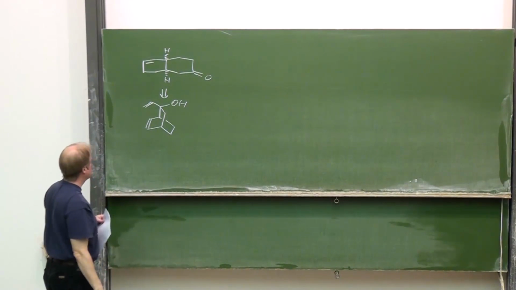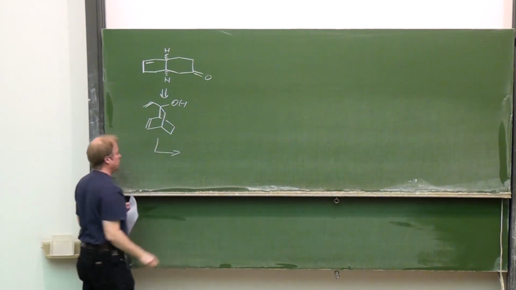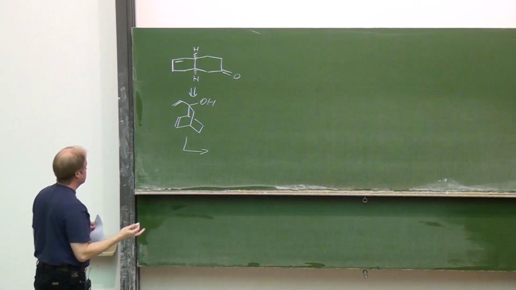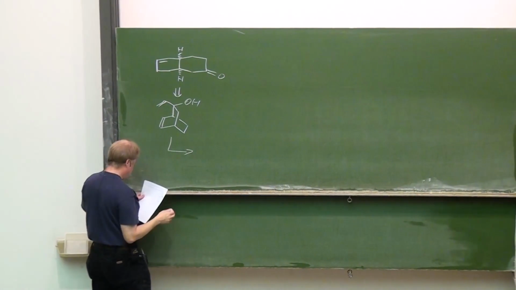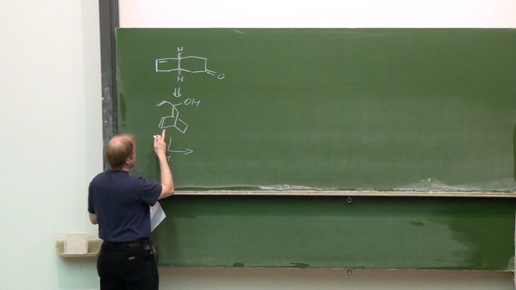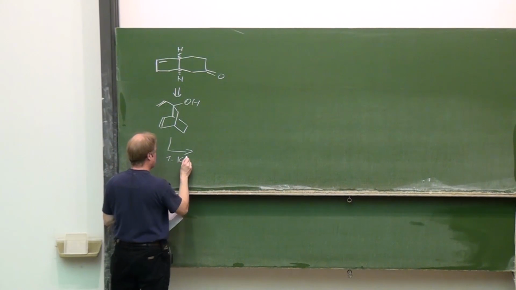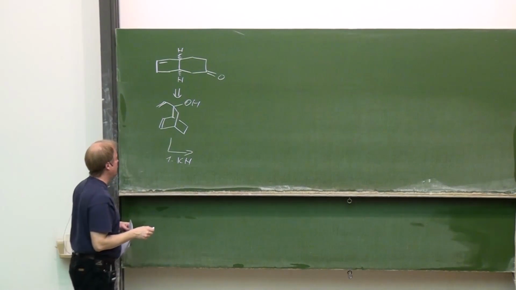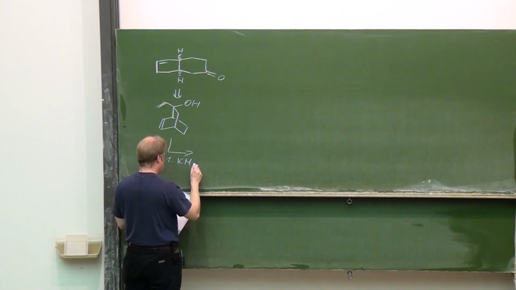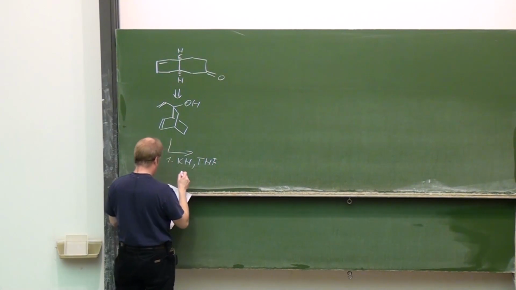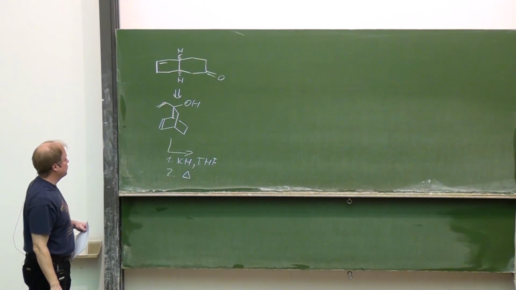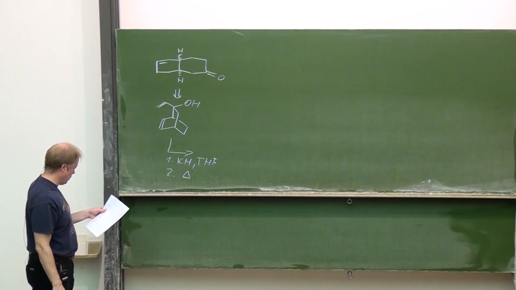And then we should check, and we didn't do that in the preceding lesson, what would be the result of the oxy-Cope rearrangement. So reaction conditions: potassium hydride to synthesize the potassium alcoholate, and then heating it up so that the rearrangement can occur.